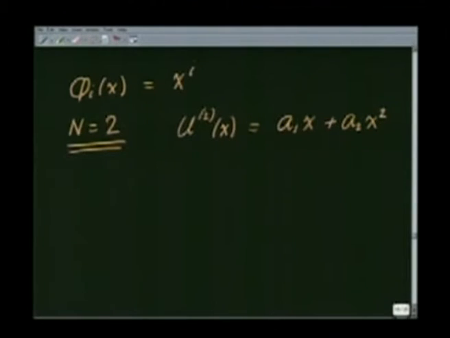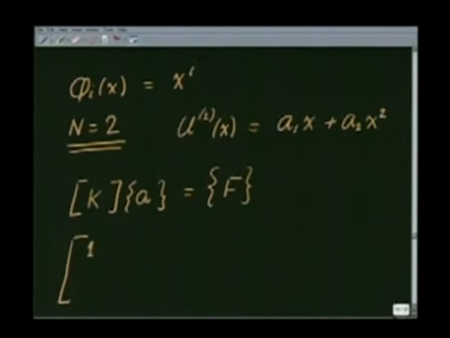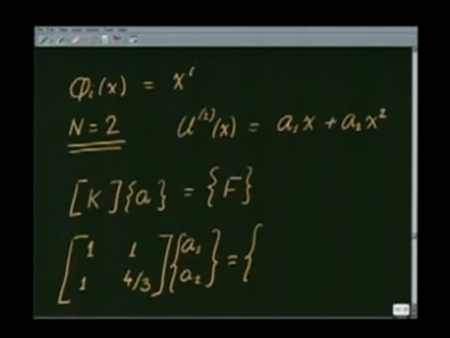So going back to our virtual formulation and writing the final matrices, I will get k into a is equal to f, where k will have entries 1, 1, 1, 4 by 3. You should all evaluate these entries to convince yourself. A1, A2, this is going to be equal to the load, which is equal to 31 by 3 and 41 by 4.